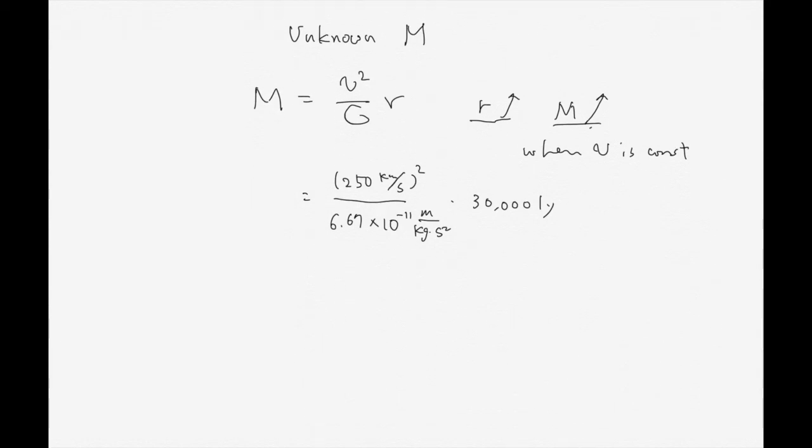Then you convert from light years to meters, and you can find the mass of the objects inside of the orbit of the Sun. Then you will get 2.5 times 10 to the 41 kilograms. We could convert from kilograms to the mass of the Sun. This becomes 1.3 times 10 to the 11th solar masses.